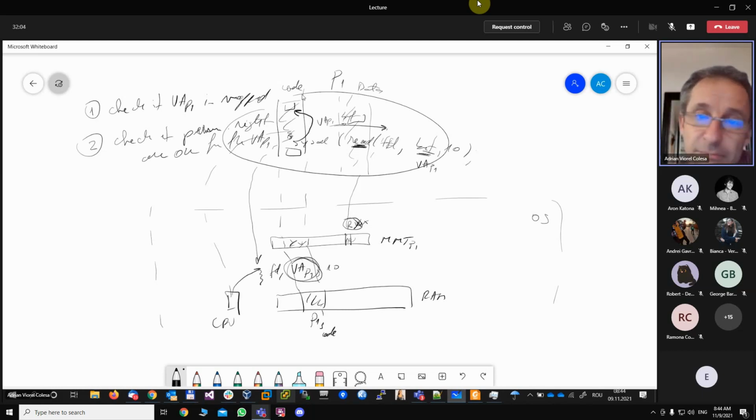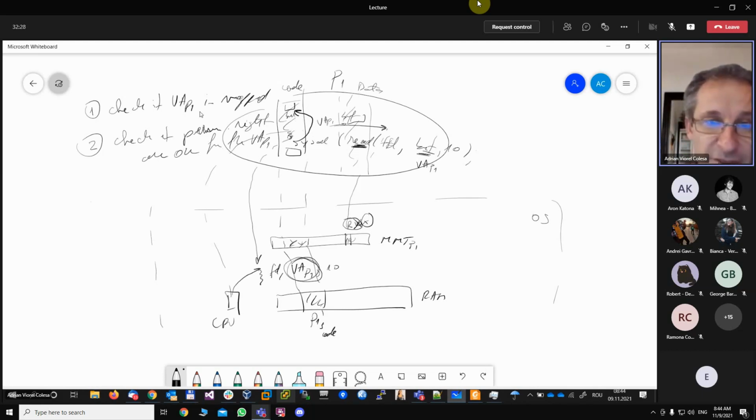So the buffer, by mistake maybe, is in the code area. The code is given the execution rights, but not the write permission usually. So in a situation like that, the write would not be allowed. Again, that must be checked by the OS before trying to perform that operation, okay?